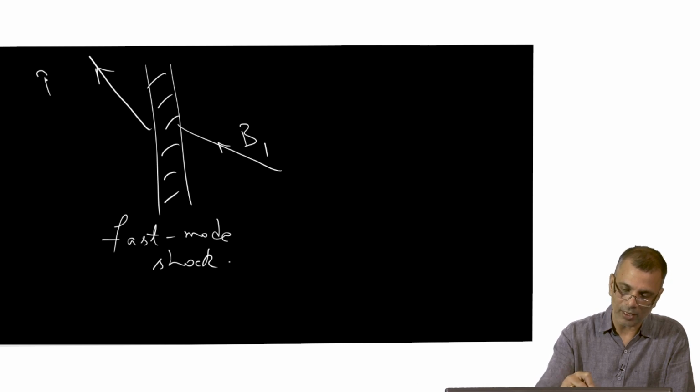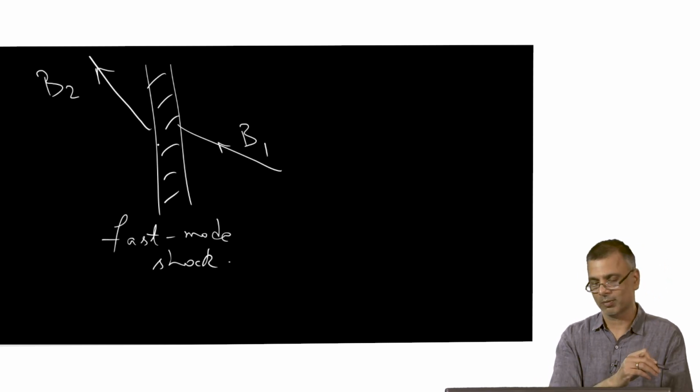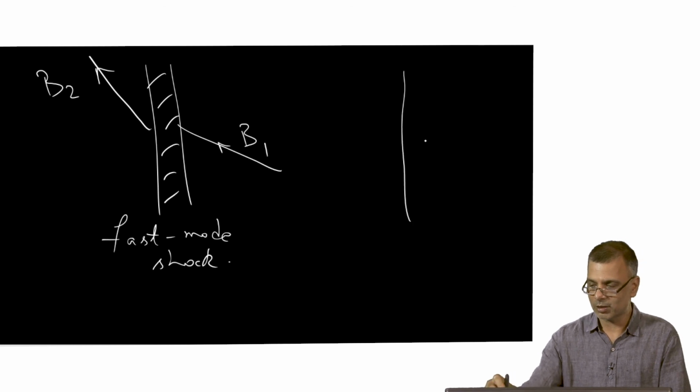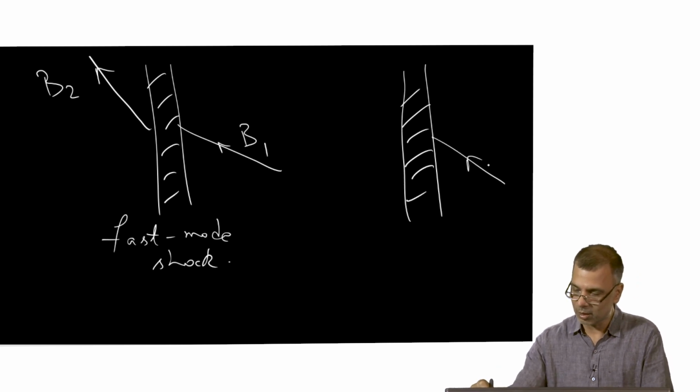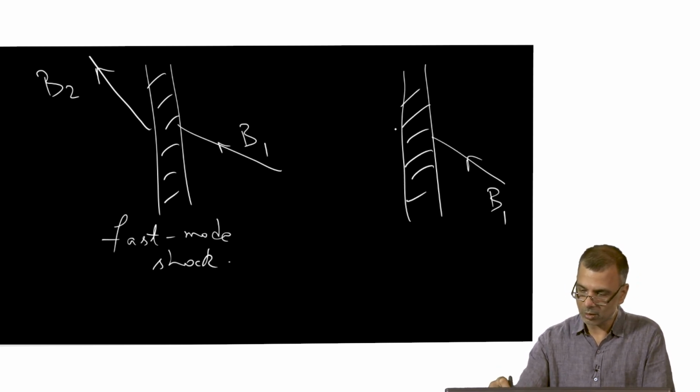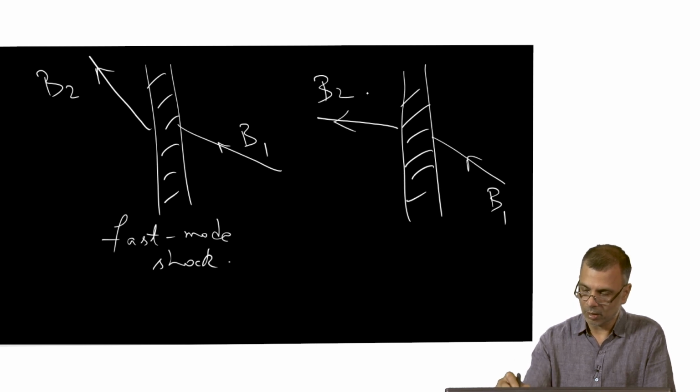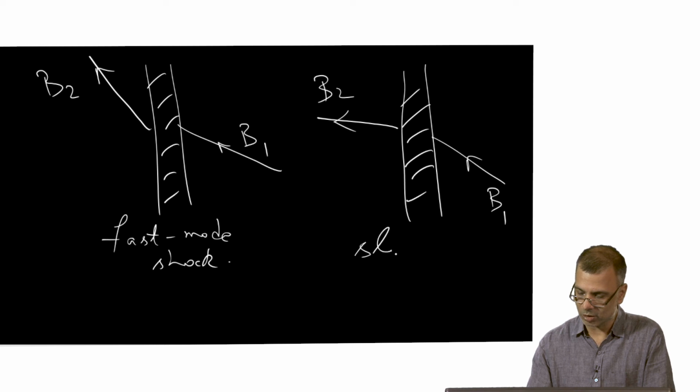It is refracted away from the shock normal. Whereas if it is a slow mode shock, it is the opposite. If this was the B1, it is like that. This would be a slow mode shock.